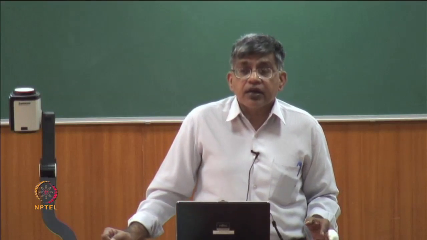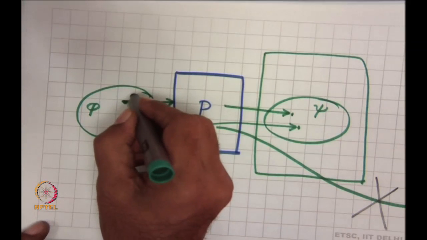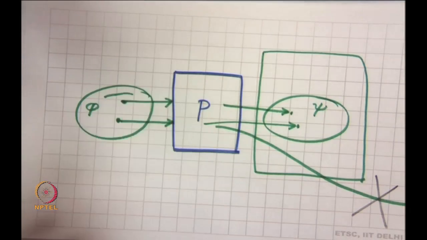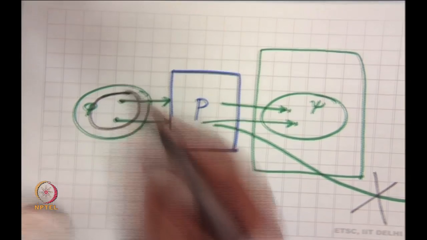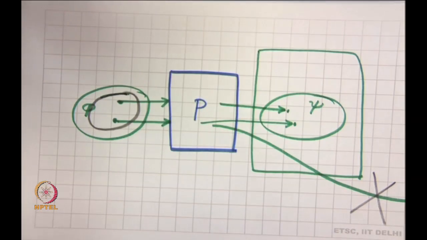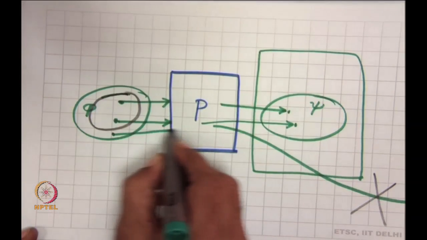Okay. So, in general, when you look at total correctness, there will be only a subset of these phis which guarantee this property, and outside this subset, but still satisfying phi, what you can have is this.